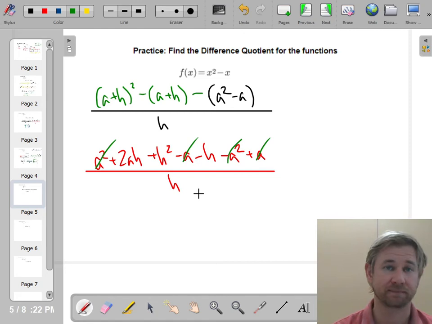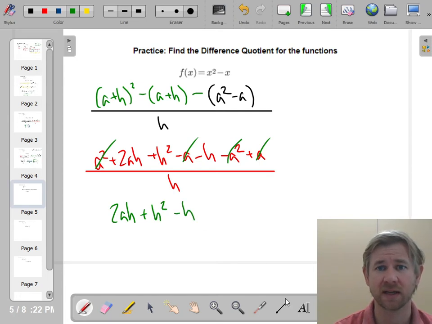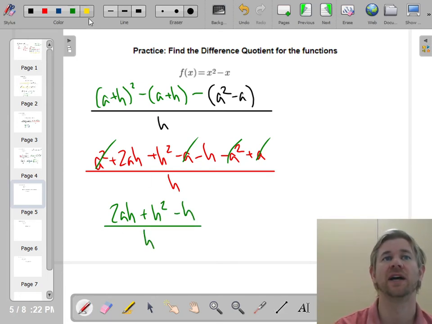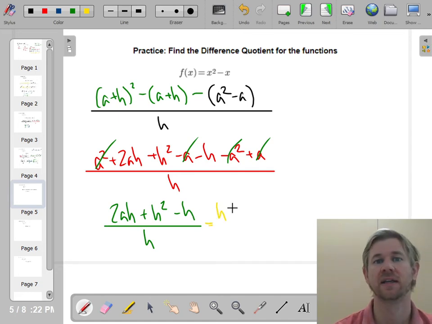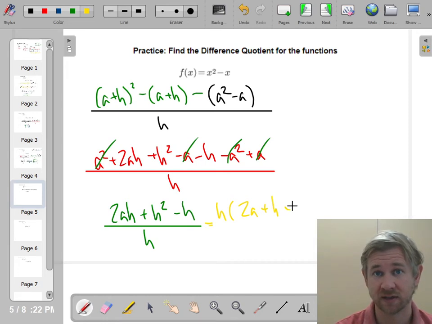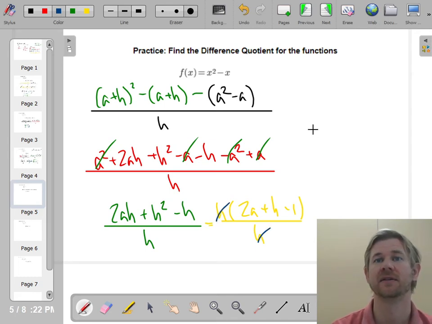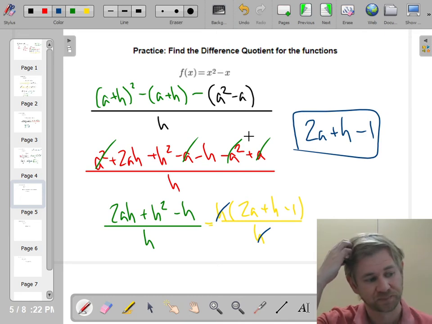What am I left with? 2ah plus h squared minus h over h. I will factor an h out of the numerator, and I will have 2a plus h minus 1. And now that the h's cancel, I can see that my answer is 2a plus h minus 1.